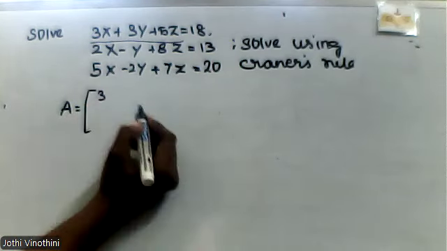So initially we are going to find del. Del equals the determinant, right? For taking the determinant, we are going to take the A matrix. Clear? Clear. Shall we solve? Yes.